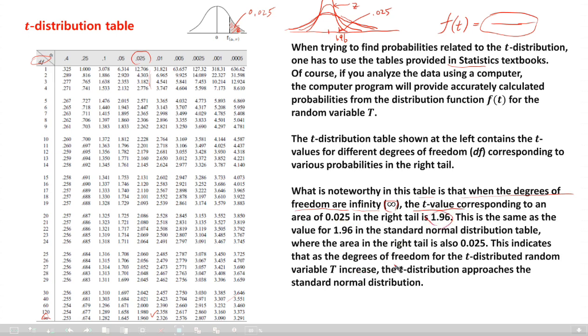So as the degrees of freedom for the t distributed random variable t increase, the t distribution approaches the standard normal distribution. This shows it. Theoretically, we can prove this kind of thing, but here we don't need the theoretical background.